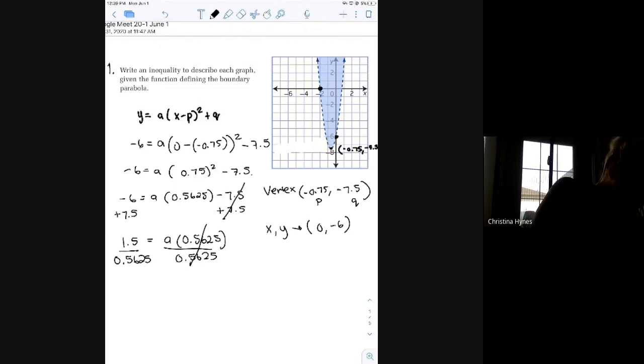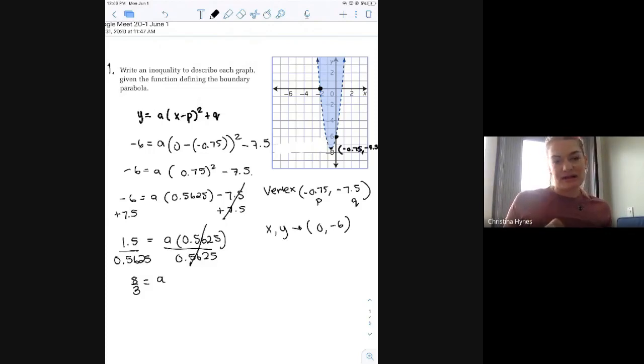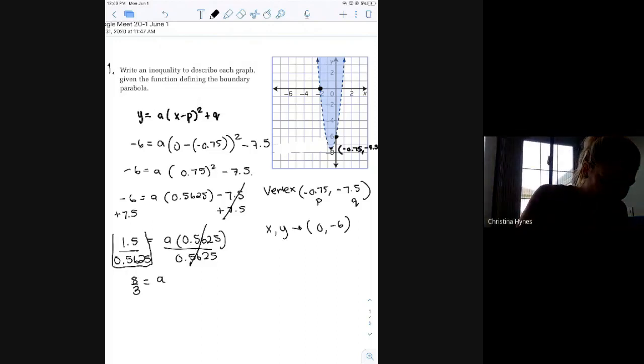And I get, you can change it to a fraction or write it as a decimal. I prefer fractions because they're always more exact. So that's 8/3 equals a. I just pressed math, enter, enter to convert the 2.666 repeating to a simplified fraction. Once you have the a value, you're going to write the equation with x and y blanks.